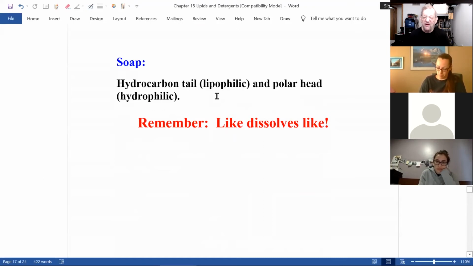Now, lipo means fat or carbon. Hydro means water or polar. Remember, like dissolves like. Well, now I have to teach you a very important, useful concept, and that's like dissolves like.